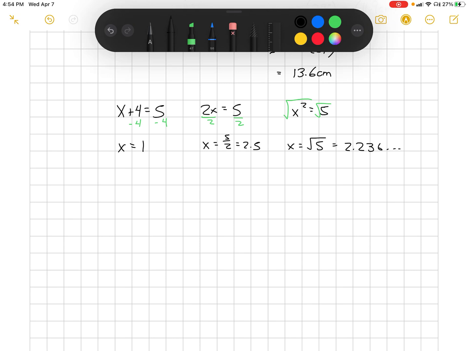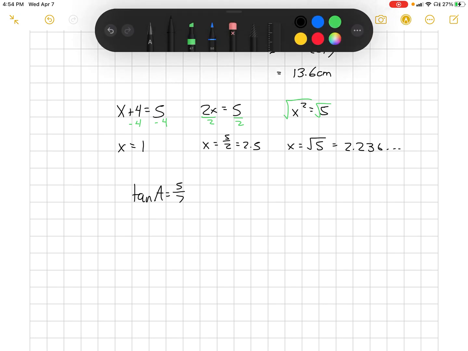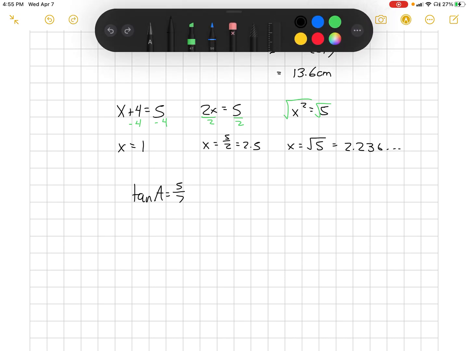Because if we look at it this way, if we say tan of A is equal to, I don't know, 5 over 7, something like that, and we want to find what the angle is, we can do the inverse operation, because this is tan of A. This is not just A, this is the tangent ratio of A. So we can do the inverse of that to figure out what A is, to cancel the tan from the A. And the way we do this is what's called the inverse tangent, and it looks something like this.